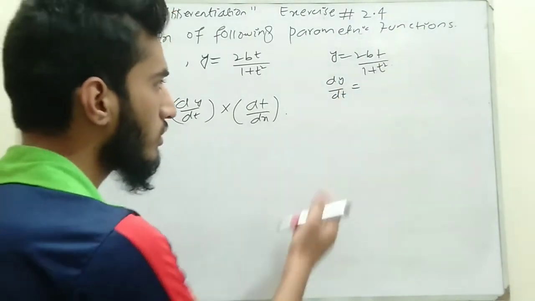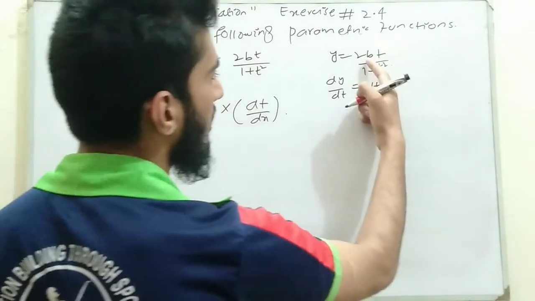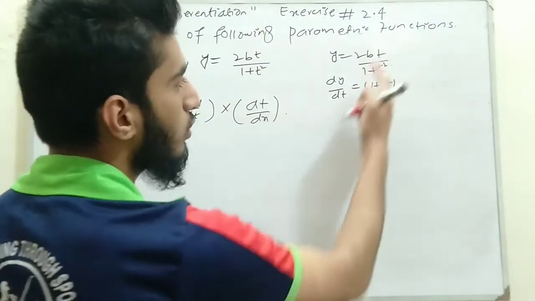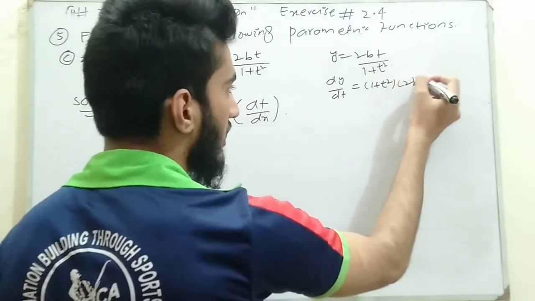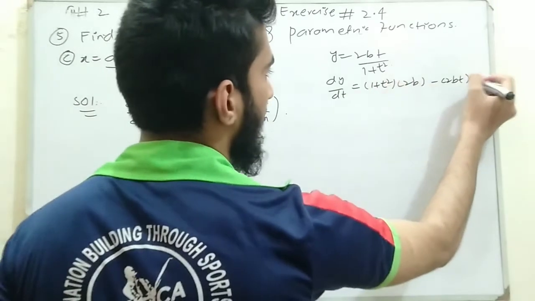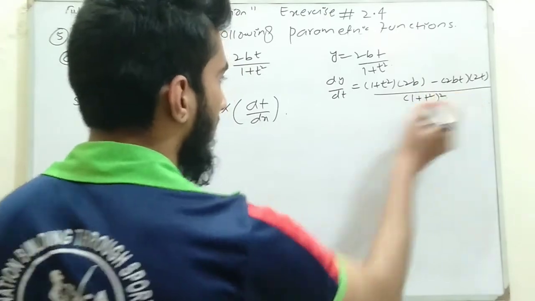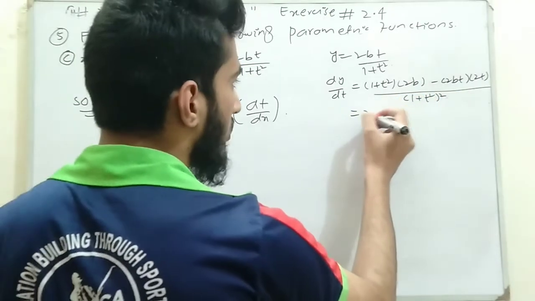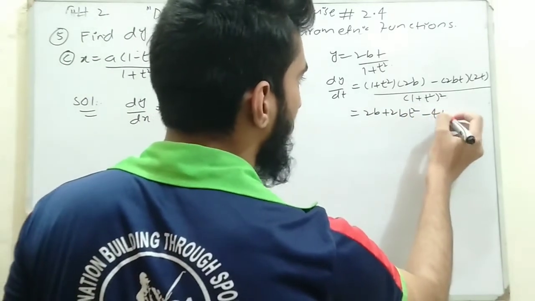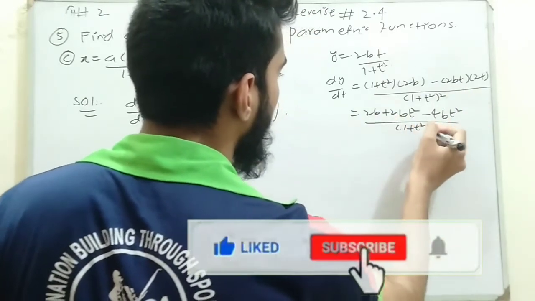The quotient rule tells us: second function 1 plus t square, times the derivative of the first function, where b comes to the front because it is a constant, and the derivative of 2t is 2, giving 2b, minus the first function 2bt multiplied by the derivative of the second function, 2t, divided by the second function whole square, 1 plus t square whole square. After simplification, it becomes 2b plus 2bt square minus 4bt square, divided by 1 plus t square whole square.